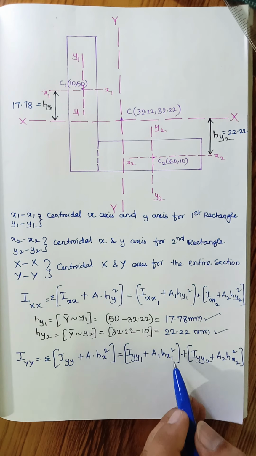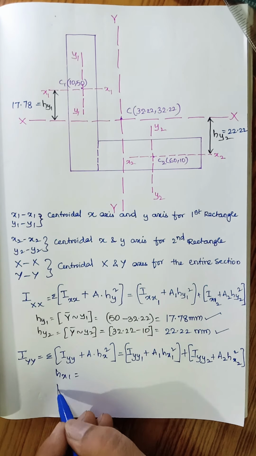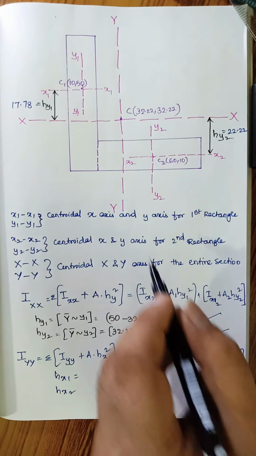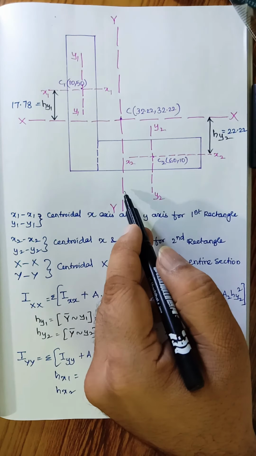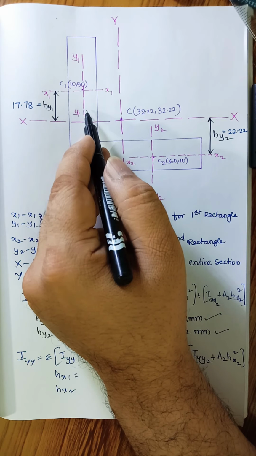Now here hx1 as well as hx2 are the distances between the centroidal y-axis as well as the centroidal y-axis of the first rectangle.